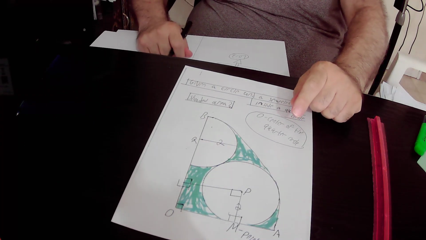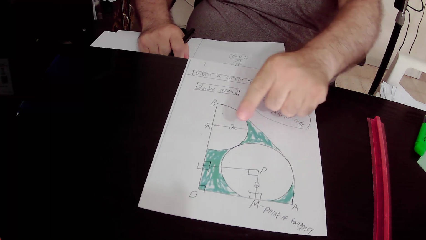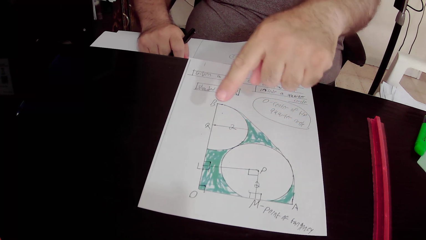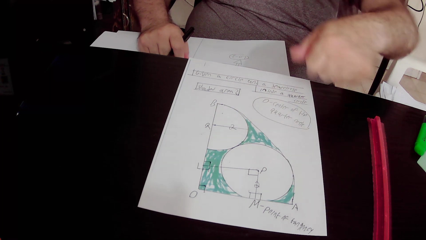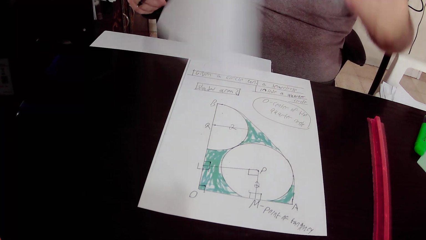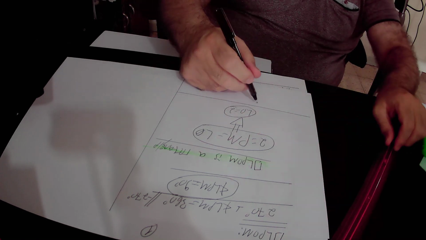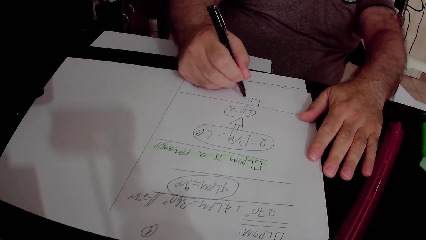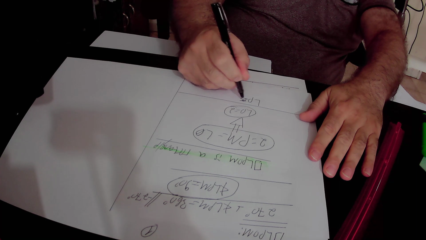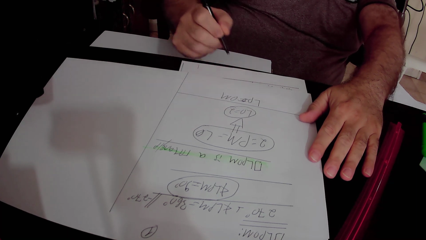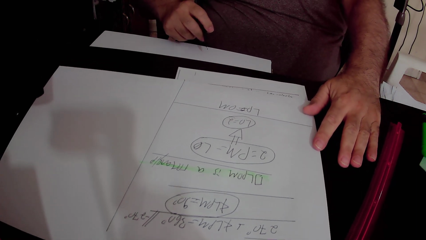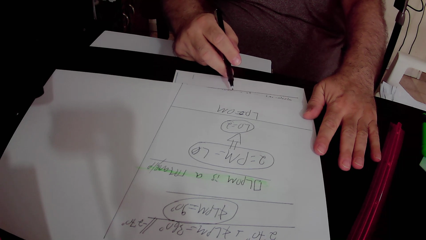Likewise, according to the same rule that the opposite sides of a rectangle are equal to each other, we get that LP equals OM.